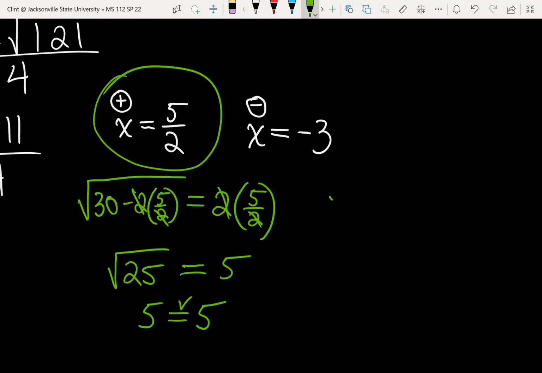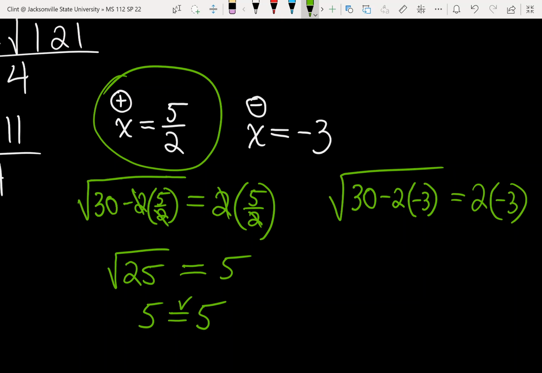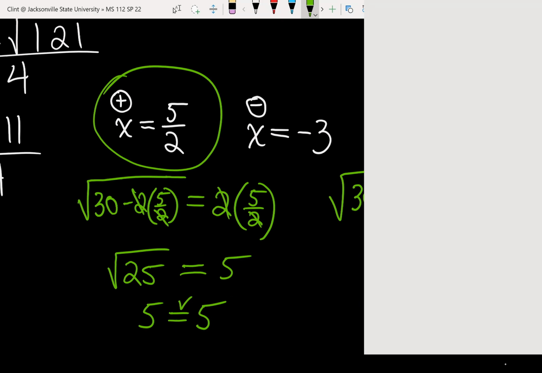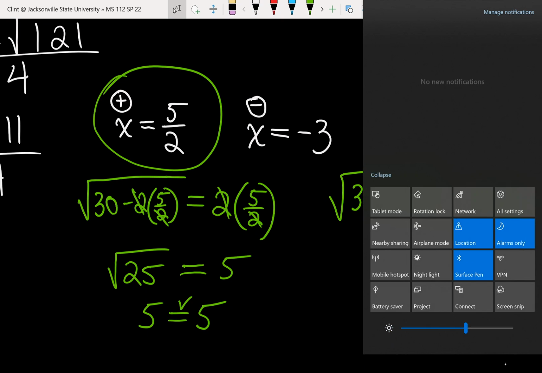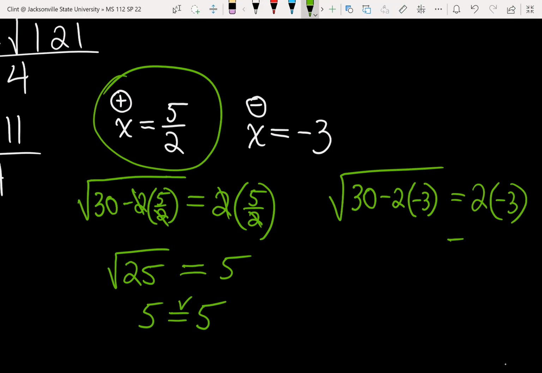And if we try negative 3, well, I can tell you right now it's not going to work. What are we going to get on the right side? We got 2 times negative 3, so that's negative 6.